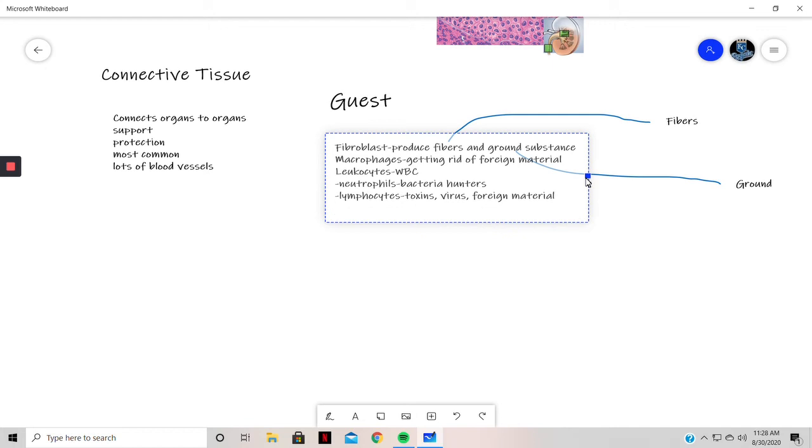Okay, the next guest that are in there, we got 3 more to talk about. Plasma cells are found within connective tissue, and these cats are super important because they make antibodies. And that's a hot word right now.